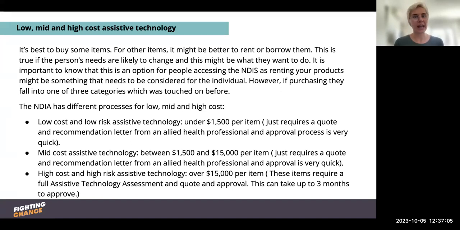It could be the age of the participant, or the participant's needs changing, whether they're improving or declining, so that purchasing the piece of equipment might not be the most appropriate. And so then we would look at renting or borrowing them. This can also be funded through the NDIA, and so through a person's NDIS plan.